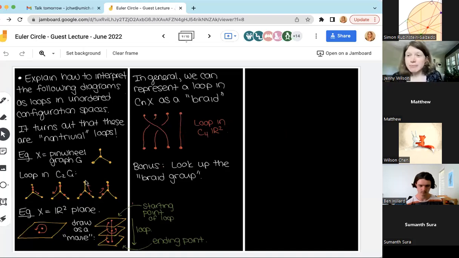And some bad news about studying configuration spaces of graphs is that, like in this graph here, this little pinwheel guy, I can't draw this graph in one dimension, even though it's somehow a one-dimensional object. To actually draw it, I need to draw it in the plane.